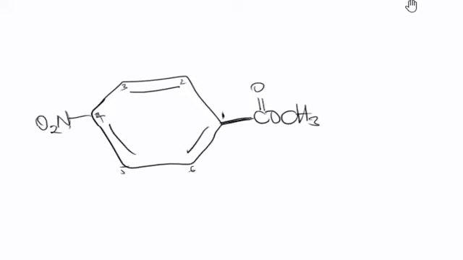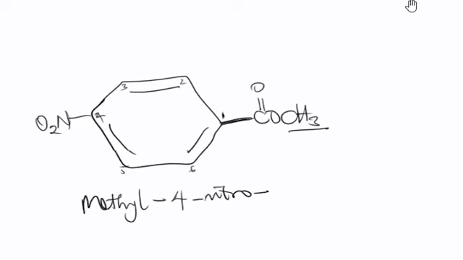So if I state this way, whether I go this way or I go this way, the nitro will still be at carbon 4. So now notice that I have a methyl group here, so I can simply call this methyl 4-nitrobenzoate.